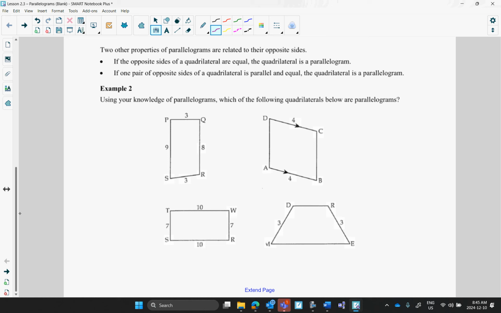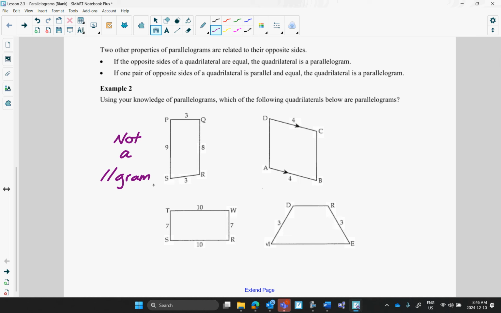No. So yes, they're equal, but they're not parallel. And these sides are different as well, so this is not a parallelogram. And for shorthand for parallelogram, I'm just going to draw two slashes and a base. Save a little bit of time.